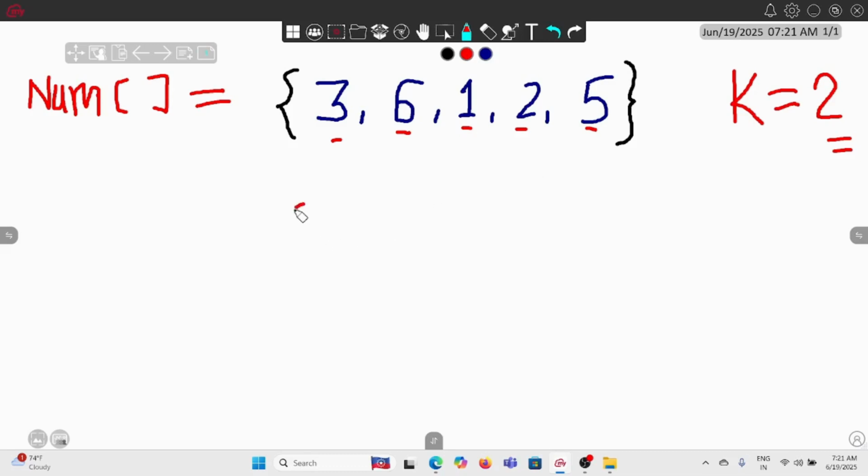So there is no harm if I write a subsequence like this as well, 1, 2, 3. Similarly 5 and 6.